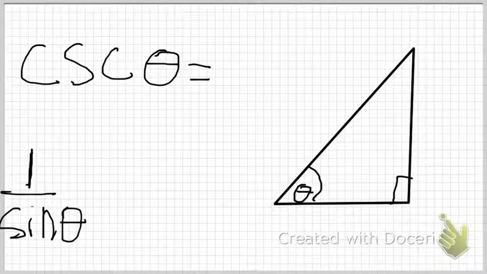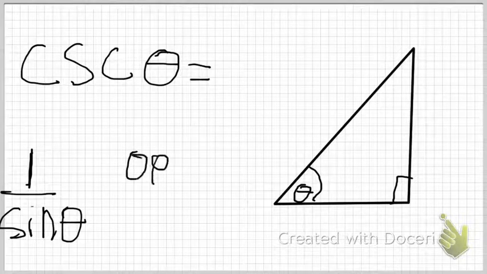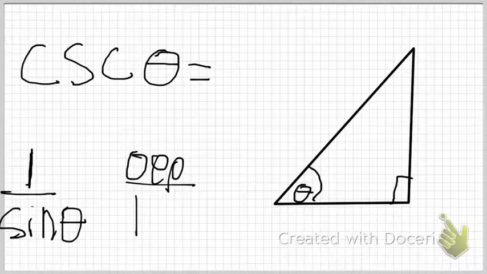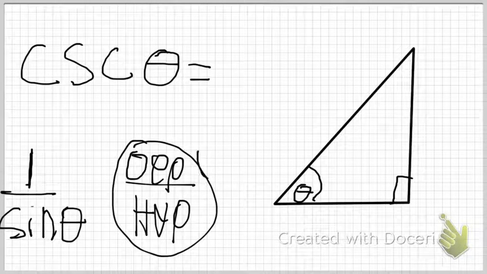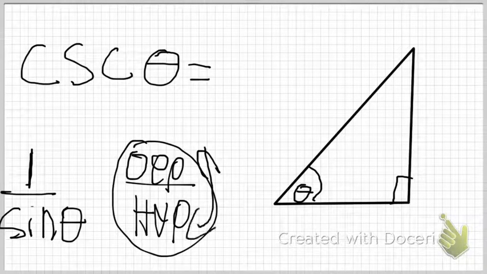Now we already know how to find sine of theta, which is opposite over hypotenuse. But we're not finding sine of theta, we're finding cosecant of theta. So to find cosecant of theta, you just reverse this fraction. In other words, you flip the numerator and the denominator.